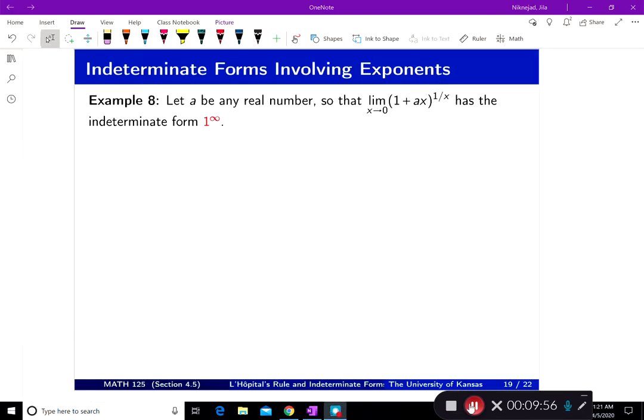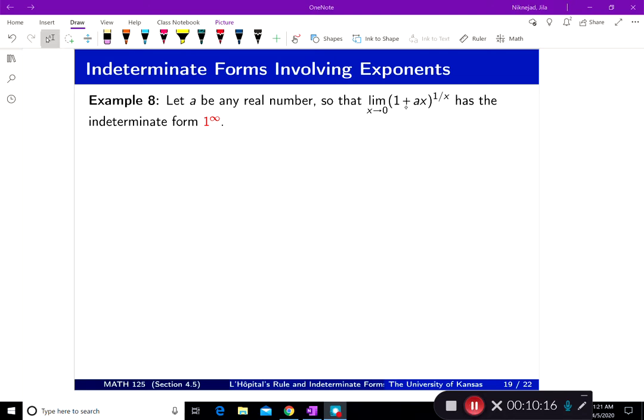Example 8. This time let a be any real number, so that the limit as x approaches 0 of 1 plus ax to the power 1 over x has the indeterminate form 1 to infinity. So how do I deal with this?